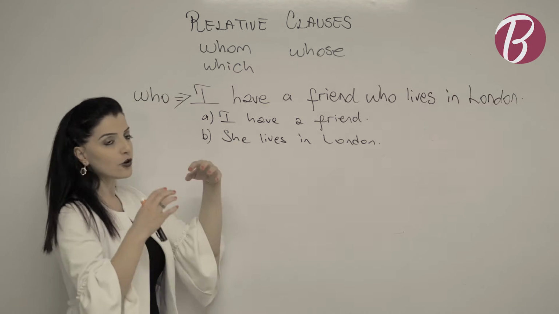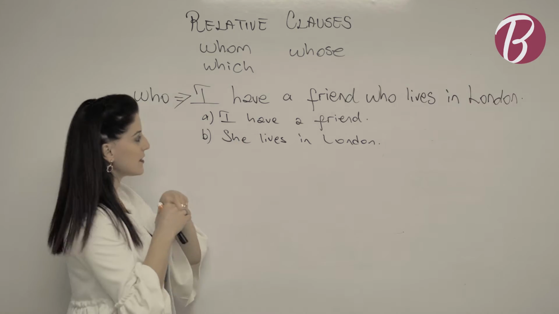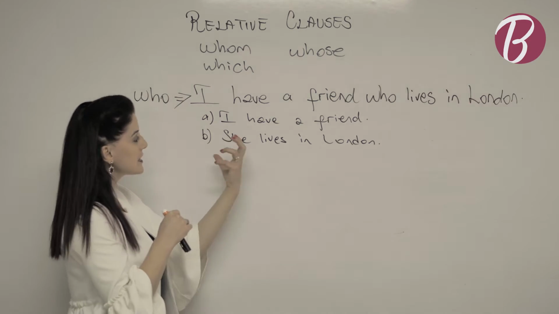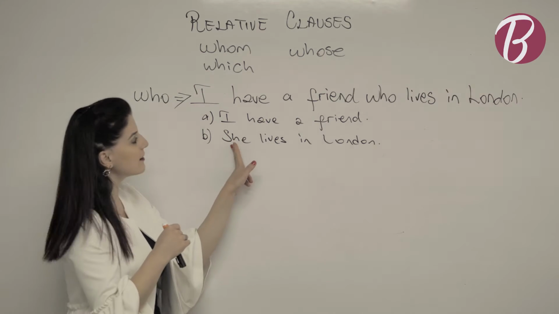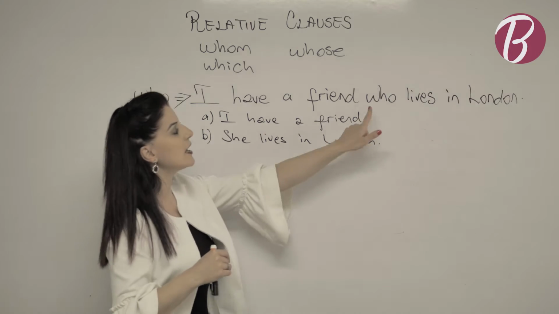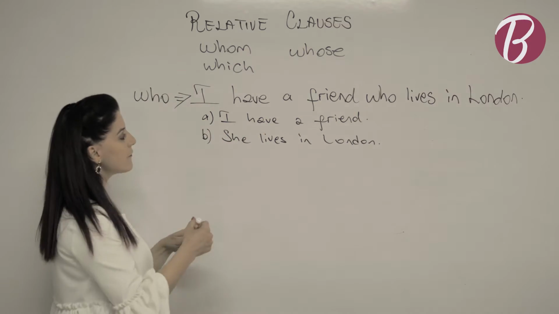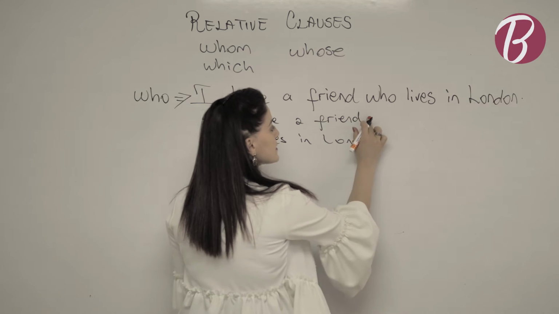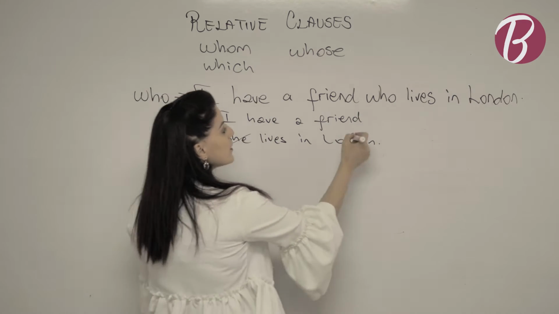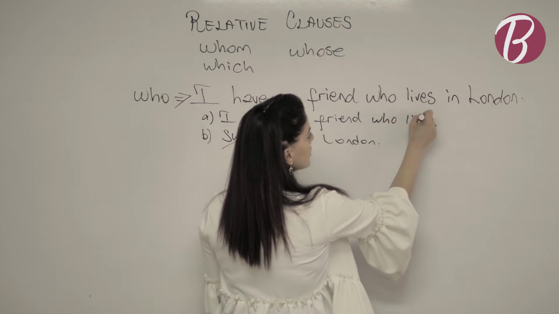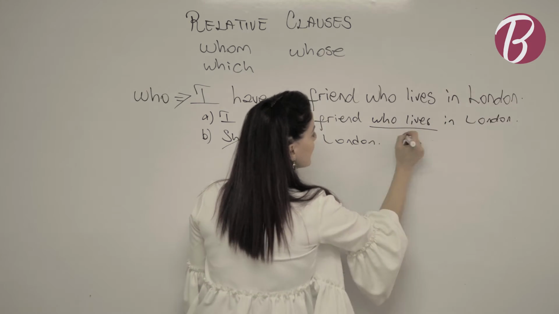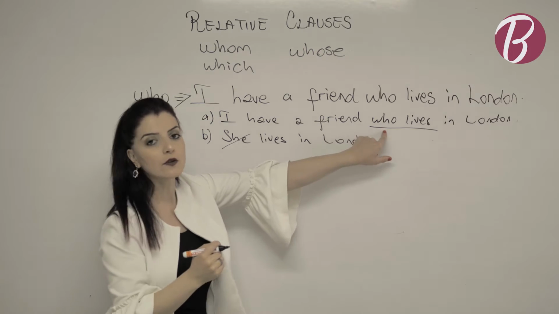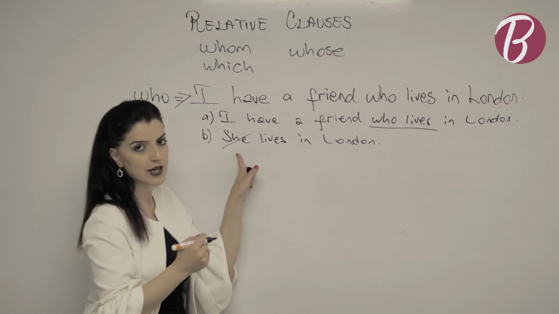So if I combine two sentences and I see the friend is the subject of the sentence, I must say it this way: I have a friend, and instead of she, you say who lives in London. So I am using this pronoun instead of the subject.